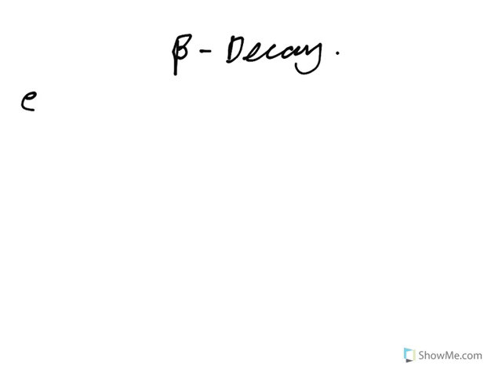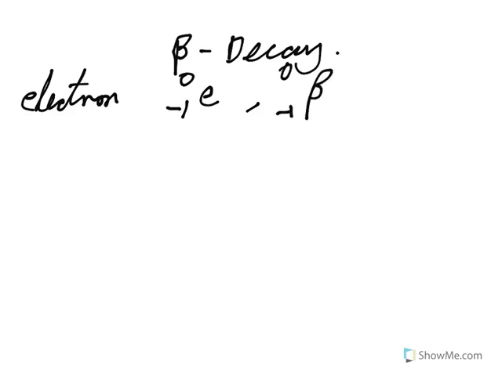There's an electron, and we can write that as this: e, -1 down the bottom, -1 atomic number, and 0 in terms of balancing the equation. So no mass, negative charge. Or you can just do it as a beta symbol, -1 and 0.